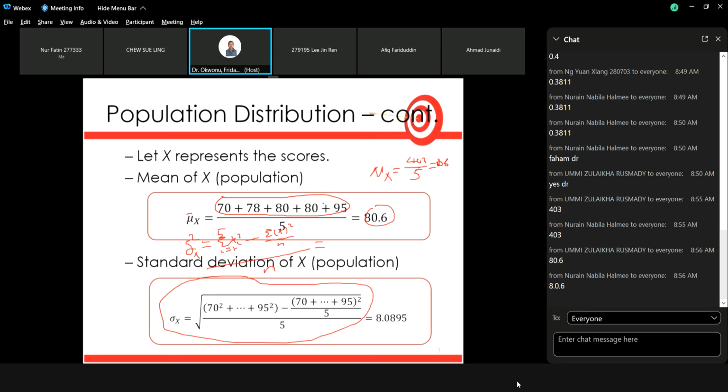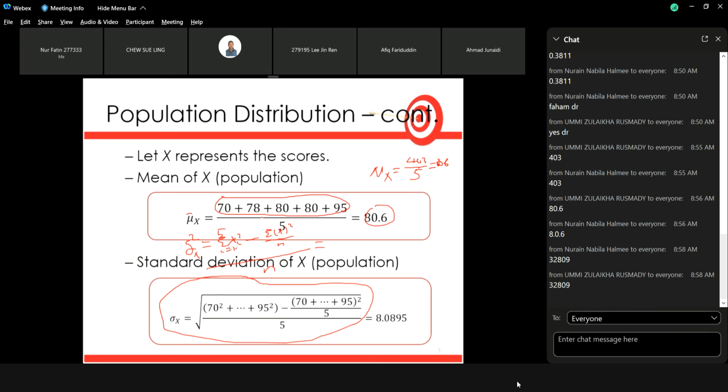What is the total? 70 square plus 75 square plus 80 square plus 80 square plus 95 square. What is the total? 32809.